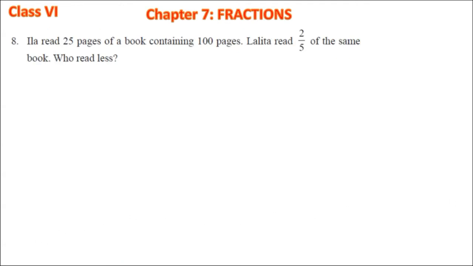Question number 8. Ila read 25 pages of a book containing 100 pages. Lalitha read 2 by 5 of the same book. Who read less? Here, the total number of pages is 100. Let me mention that.